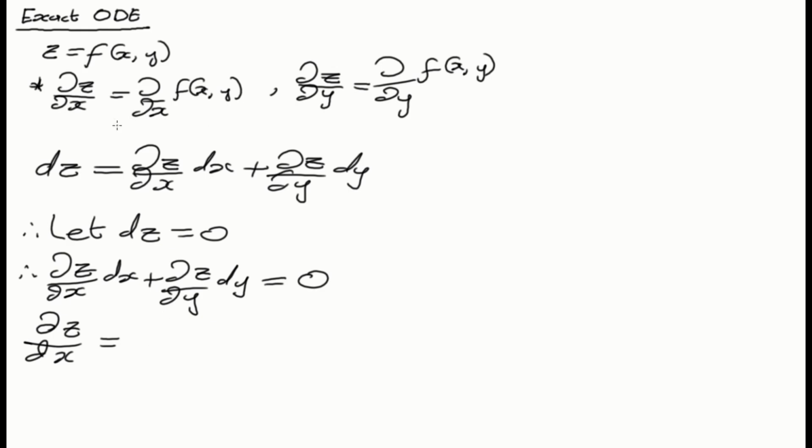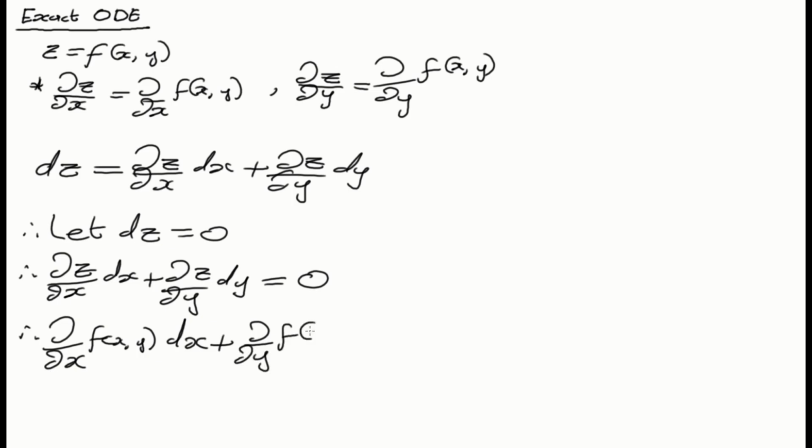Oh, it's written on top here. I think I don't have to even write it. I see it just above there. Let us do that. So what we see here is that we have d over dx of f of xy dx, plus d over dy of f of xy dy, is equal to 0.